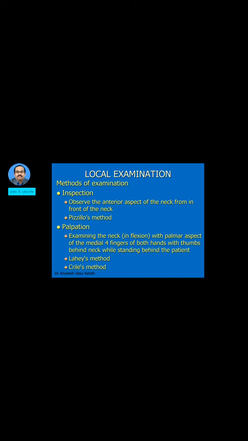In Lahey's method, you stand in front, and if you want to examine the left lobe, using your left hand you push the right lobe of the patient medially. While you do that, the trachea and the thyroid gland together will have a slight circumferential turn anteriorly on the left side. At that point, the posteriormost aspect of the left lobe becomes easier to palpate with your right hand.